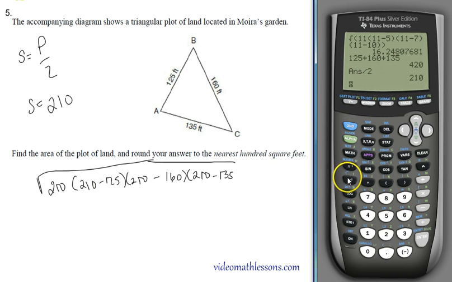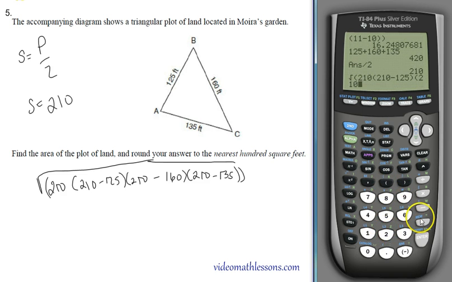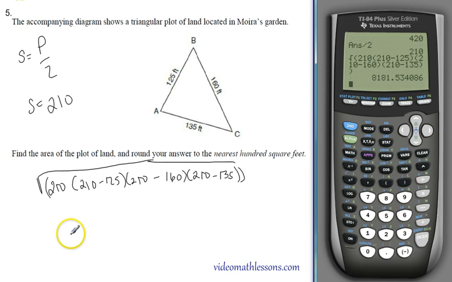So second radical, 210, open parenthesis, 210 minus 125, close, open, 210 minus 160, close, open, 210 minus 135. I'm going to close at the end. And enter.